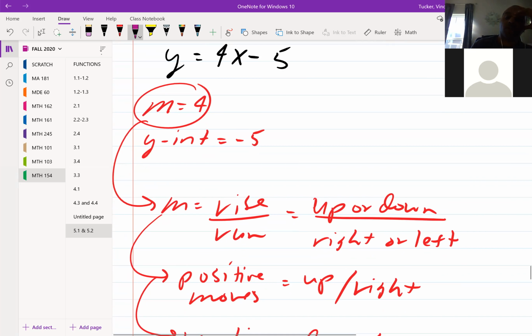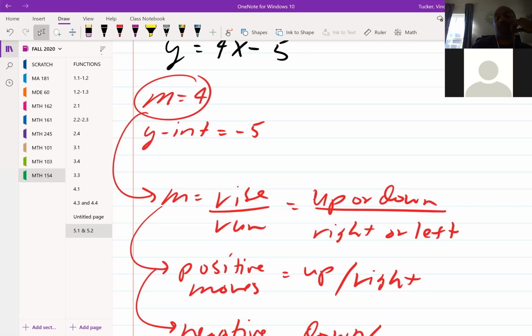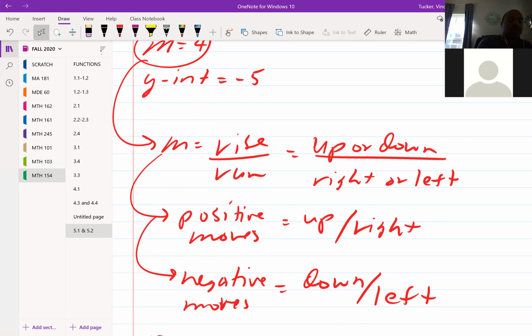All right, so in order to extract all the information possible from your slope, we recognize that your slope is rise over run. Remember that was the last relationship that I gave you as far as the slope was concerned. Rise means that you will go up or down, and your run is going to be right or left. What dictates whether you go up or down and right or left is whether you have a positive or negative number.